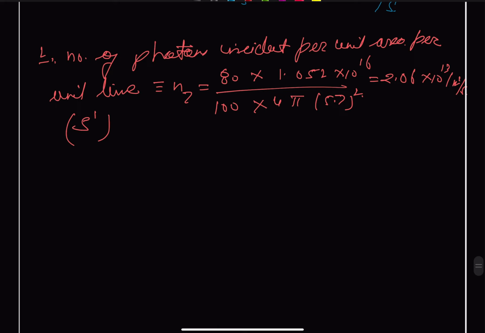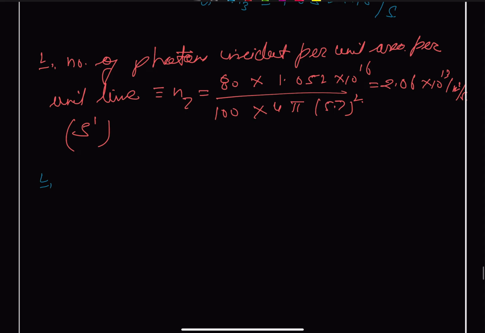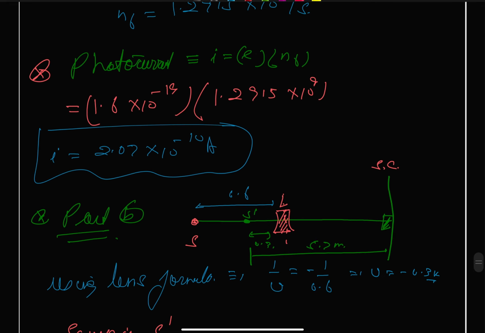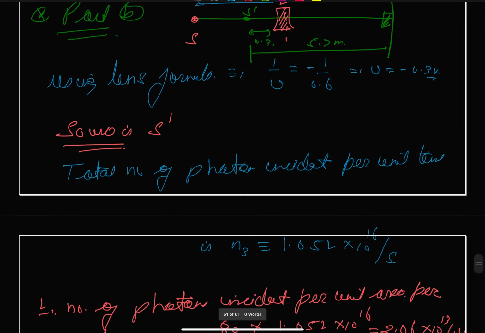And so we can find out the photocurrent. Let us suppose now that it is I prime, which will be equal to, we have to multiply it by area.